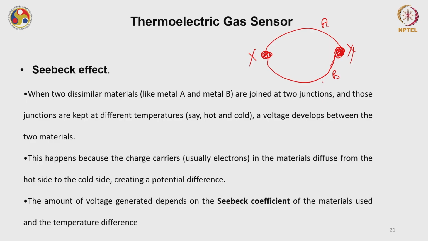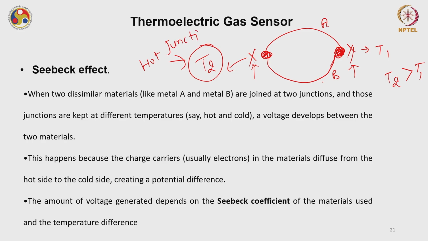Please note that if you keep the junction temperatures of X and Y at different temperatures, say junction X is at T2 and Y is at T1, where T2 is greater than T1, I will call T2 the hot junction, and junction Y the cold junction.